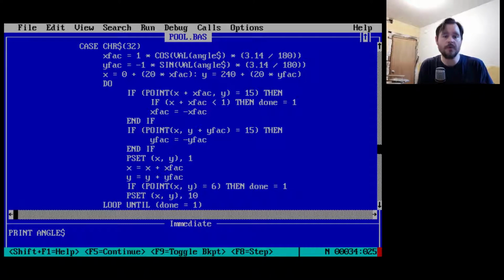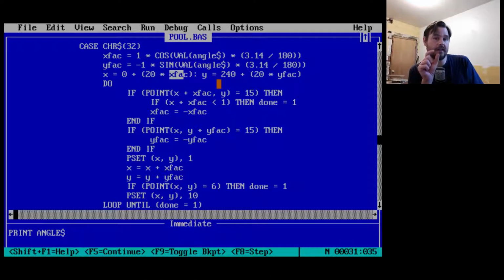Yeah, so can I explain this any more? Well, the xfac is how far you would go in the x direction for every 1 unit of length for your red line.